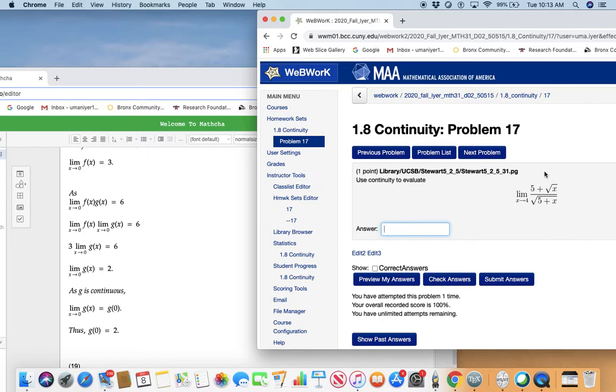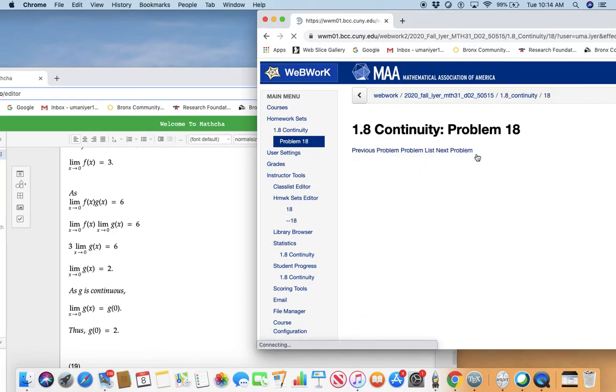So, because this quotient is continuous, how do I find the limit? Just plug in 4. 5 plus square root 4 is 2. 5 plus 2 is 7 over square root of 5 plus 4. Square root of 9 is 3.